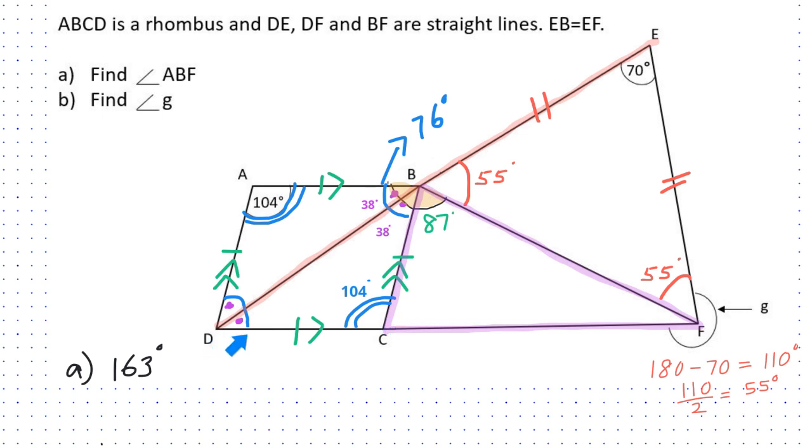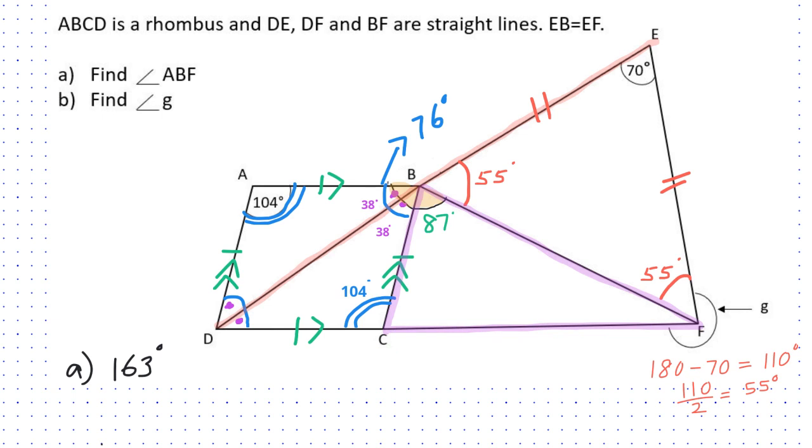So we can see that DF is a straight line. The sum of angles on a straight line is equal to 180 degrees. So since this angle is equal to 104, which is equal to this angle, we can find out the value of angle BCF.